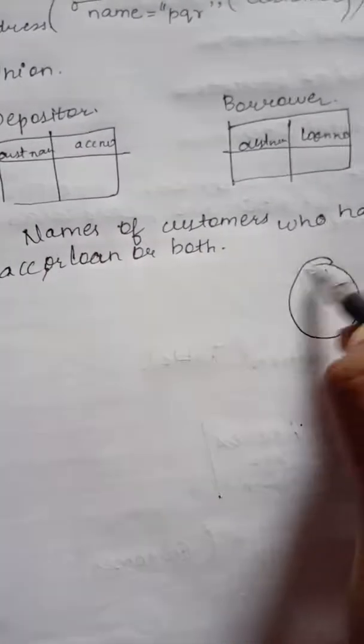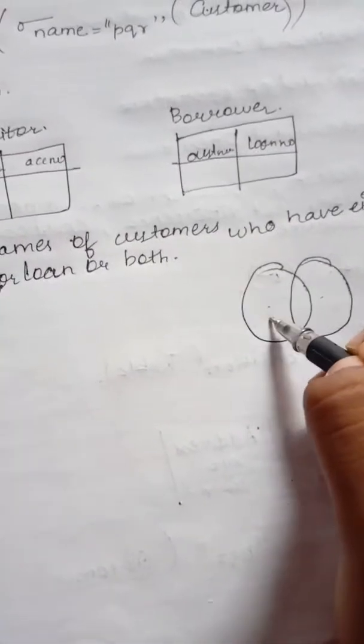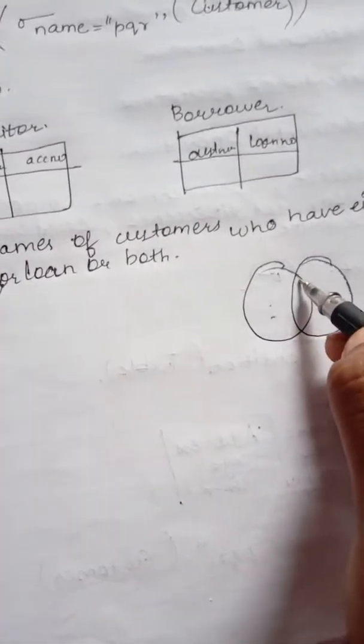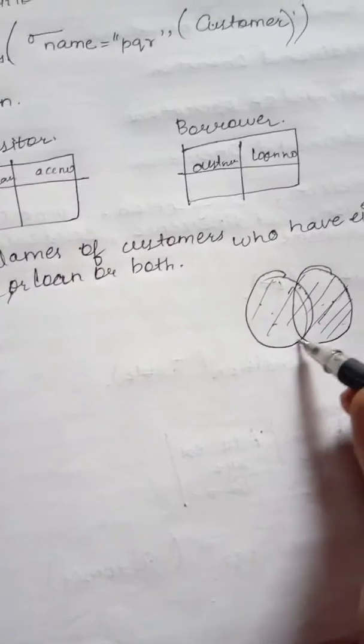So depositor and borrower have something in common, and I want everything from this, either this or both.